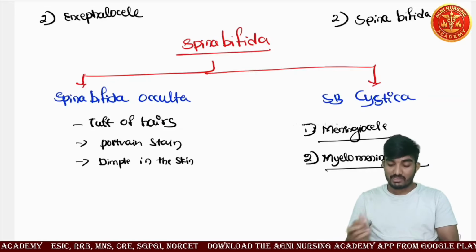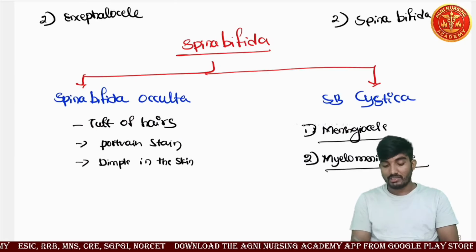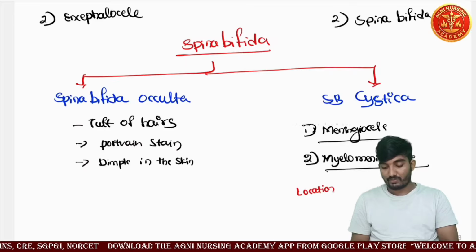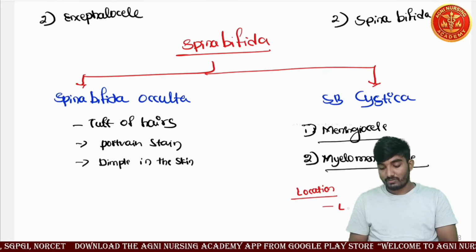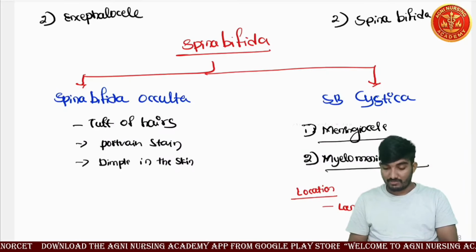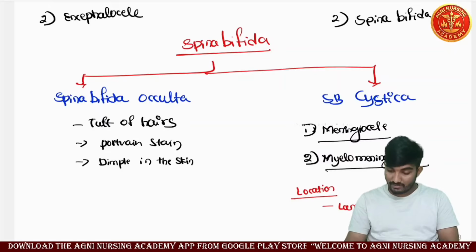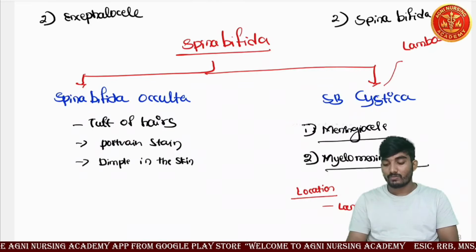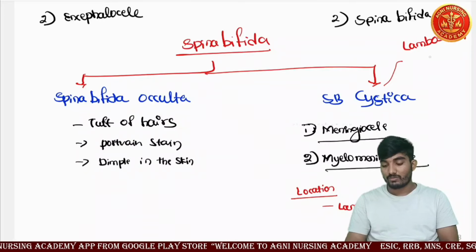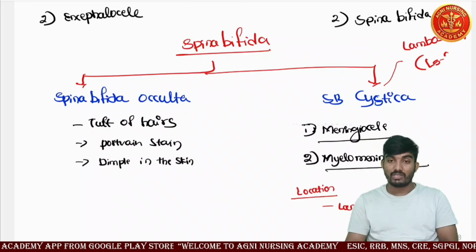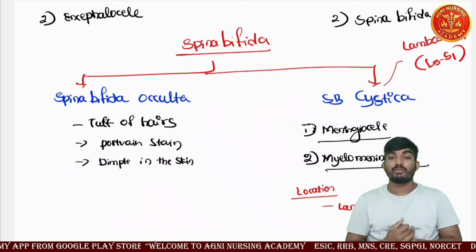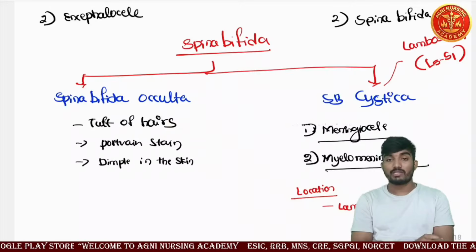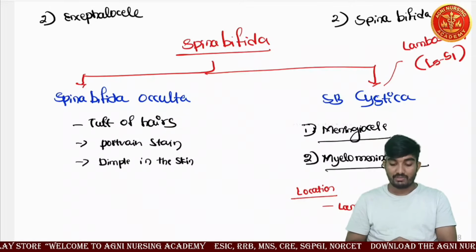Mainly, spina bifida cystica occurs in the lumbosacral region, from L5 to S1. This is about myelomeningocele and the types of spina bifida.